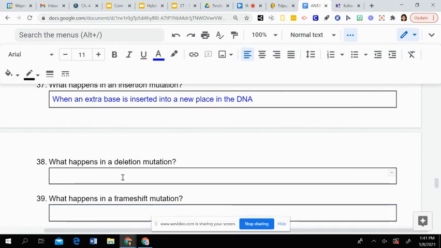A deletion mutation then is just like it sounds. When a section of DNA is lost or deleted.